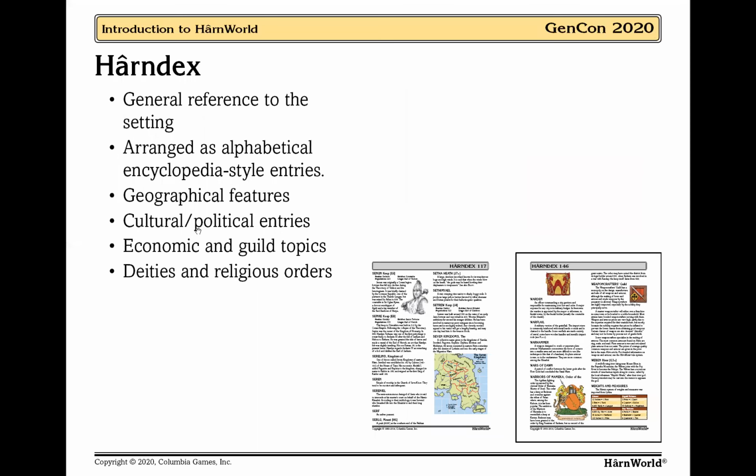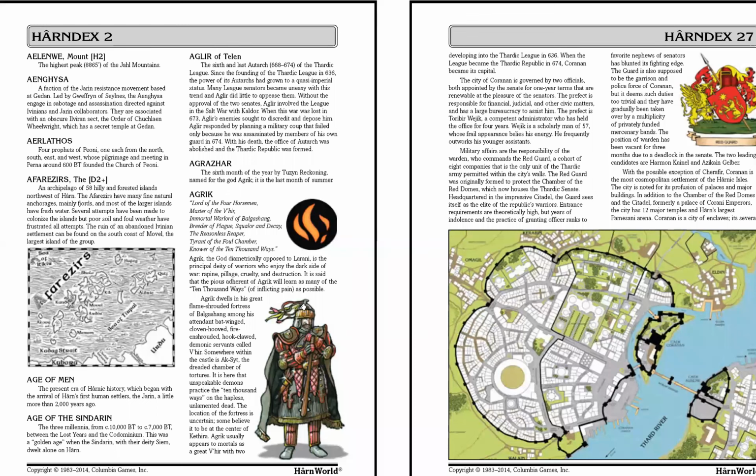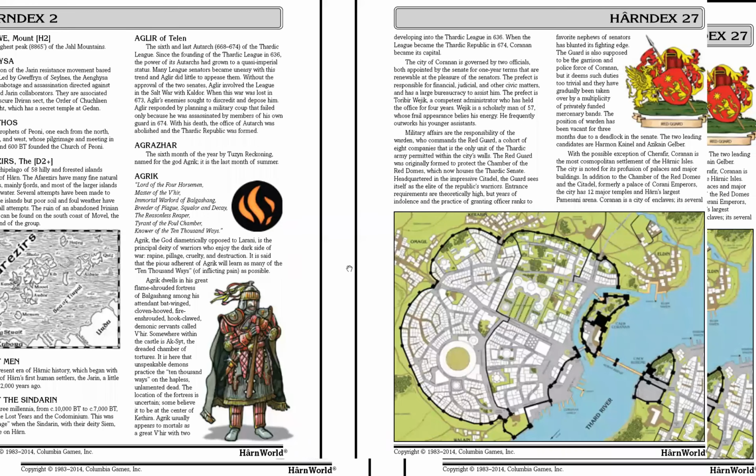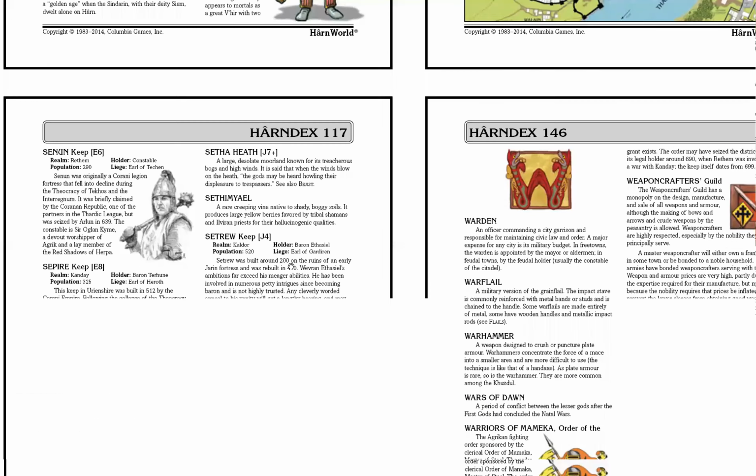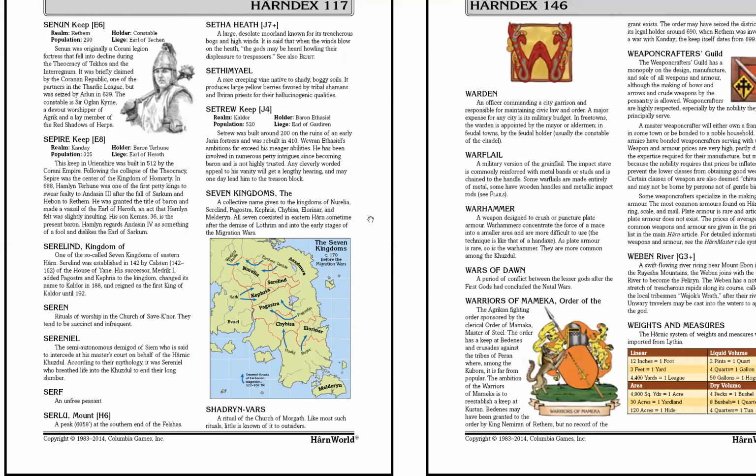I'll zoom in here and show you: we've got a mountain, we've got one of the rebel groups up in Orbal, we have one of the gods, Agrik, we have a bit about the city of Coronan. Each of these things is just a different page. This one would be a historical entry that talks about one of the periods in Harn's development, and there are weights and measures. All that sort of thing is covered in the Harndex.